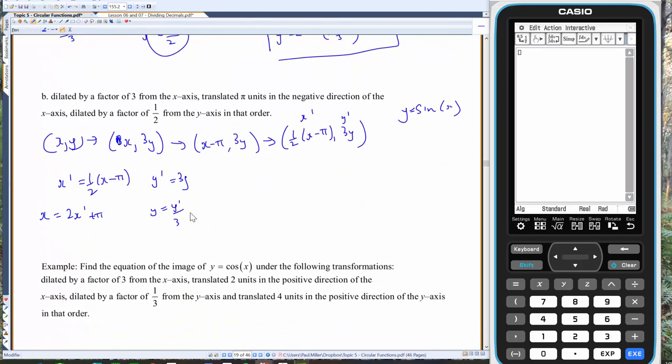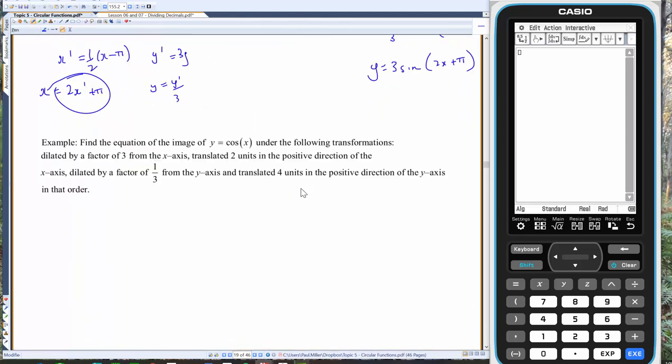So where I see y, I'm going to put y dash over 3, but I just want to drop these dashes straight away. So I'm going to say y on 3 equals sine of 2x plus pi. So I've replaced x with this new one here, and I've removed the dash. That's y equals 3 sine 2x plus pi. Done.